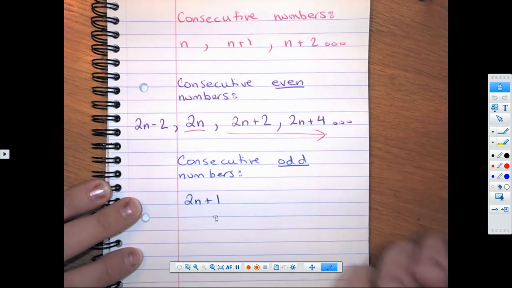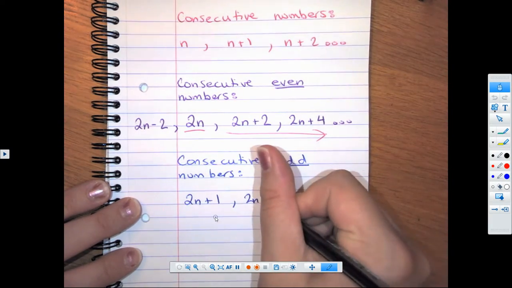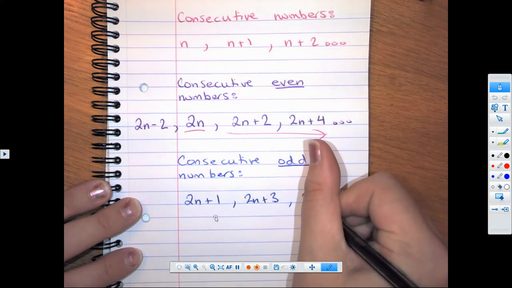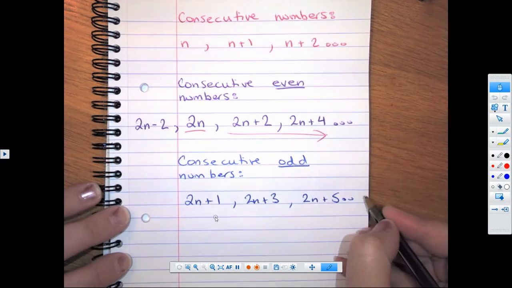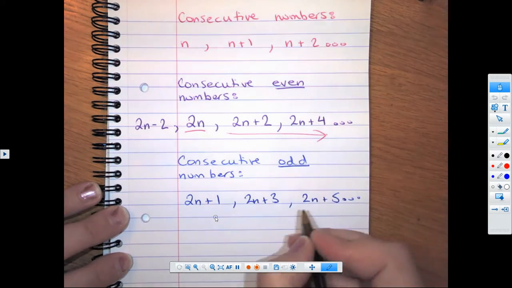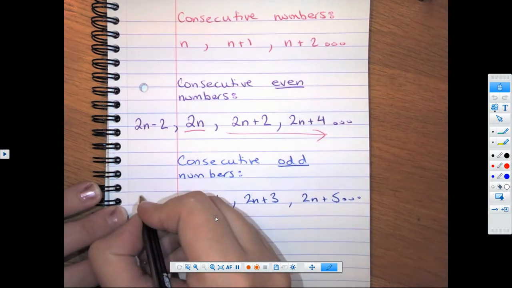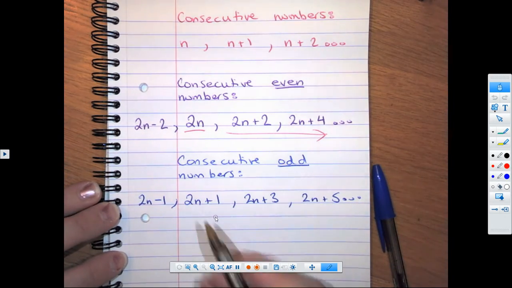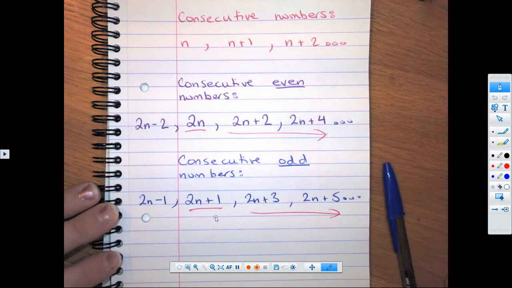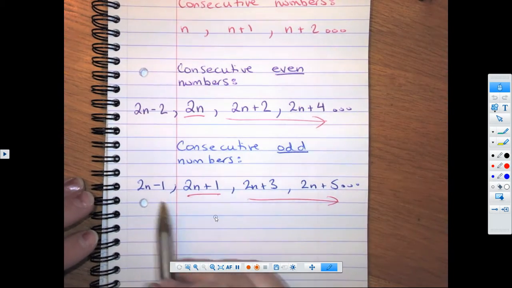That's 1 apart from an even number. We could then move to 2n plus 3 as the next one, and then 2n plus 5, and so on. Similarly with our even numbers, we could take a hop back and we would have 2n minus 1. Again, I prefer to start here and go that way when I'm using my consecutive odd numbers. I avoid negatives.